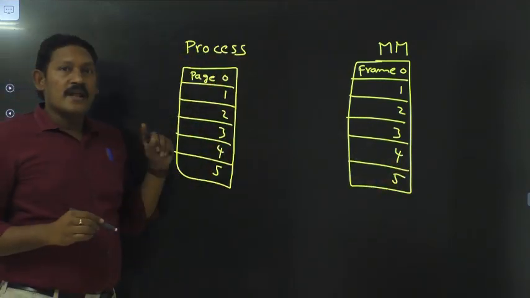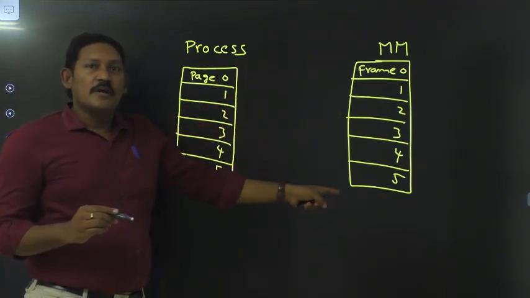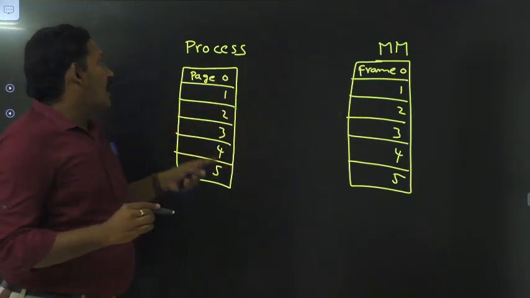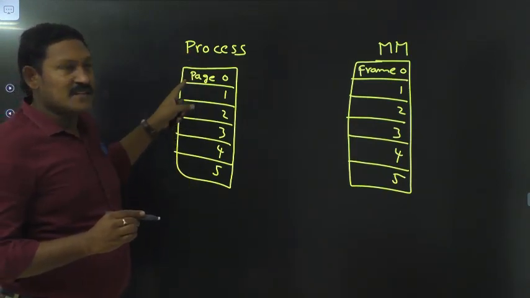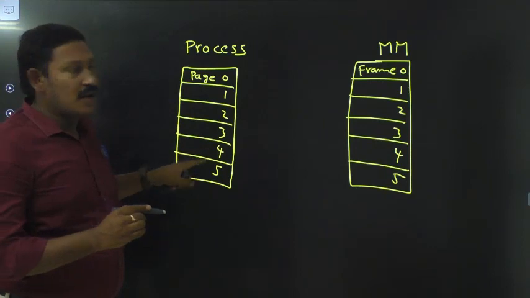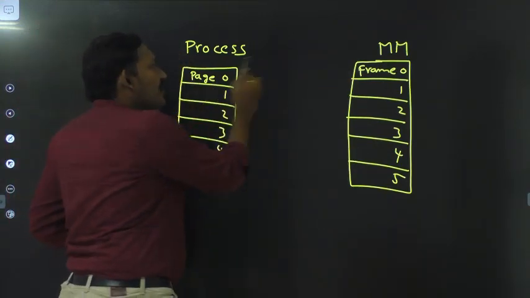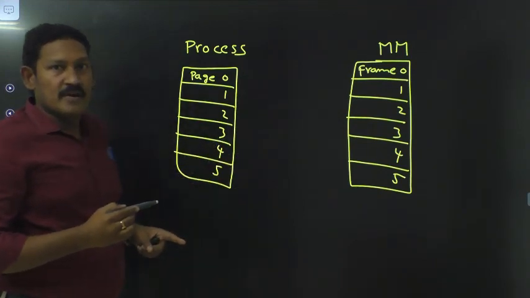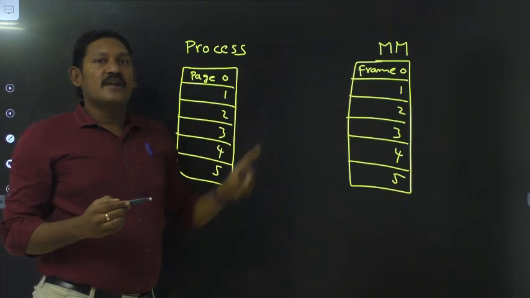So the main memory is divided into a number of frames, and the process is divided into a number of pages. The size of each page is equal, the size of each frame is also the same, and the size of page and frame are one and the same. Why? Because we have to fit this page inside this frame.